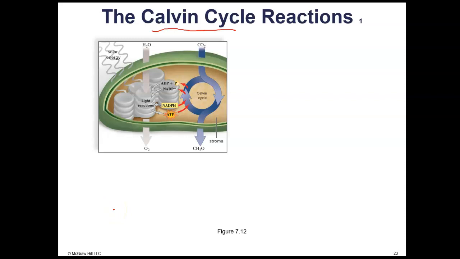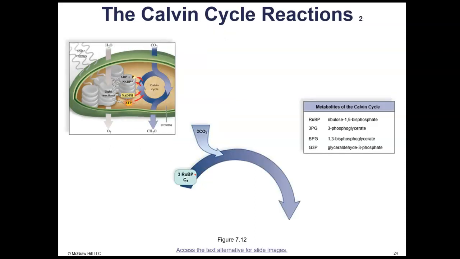So as you see here, the Calvin cycle reactions occur in the stroma. They take carbon dioxide from the atmosphere and convert it into a carbohydrate. And what we're seeing happen in this slide is that the carbon dioxide molecules are being fixed or attached to RuBP, ribulose 1,5-bisphosphate.